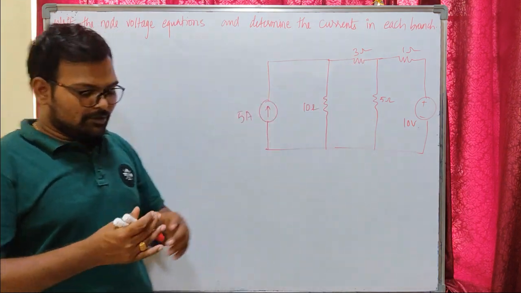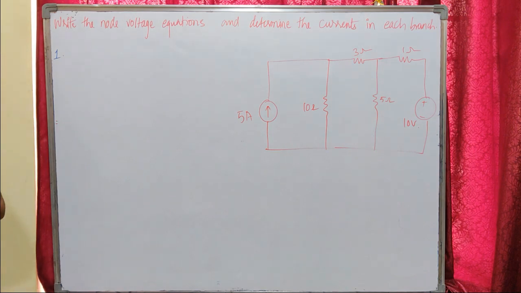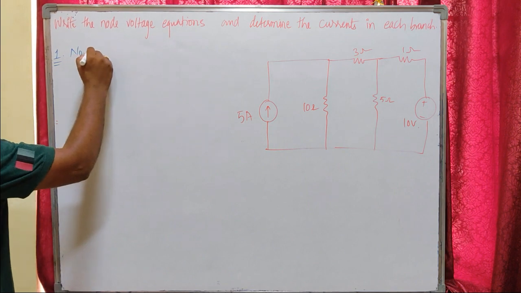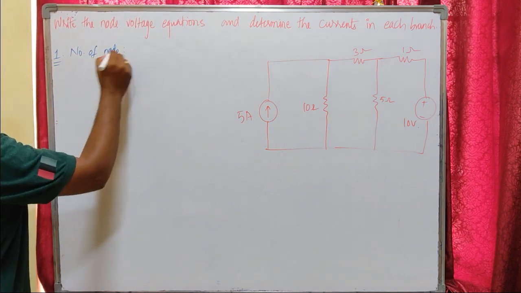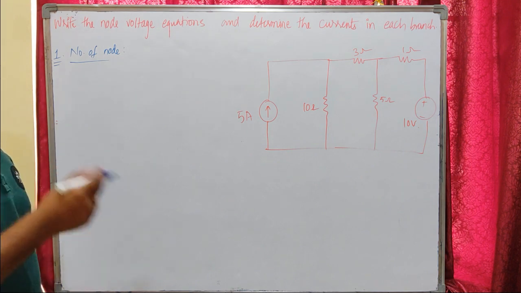So the first step is to look for the number of nodes which are connected with more than two elements. We need to find the number of principal nodes. What is a principal node? A node which is connected with more than 2 elements.